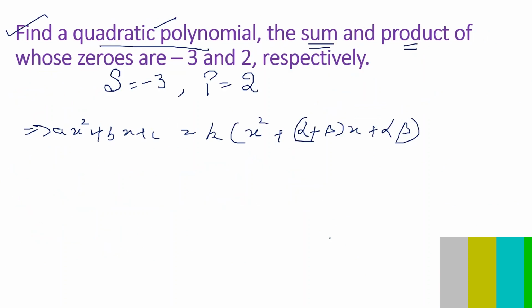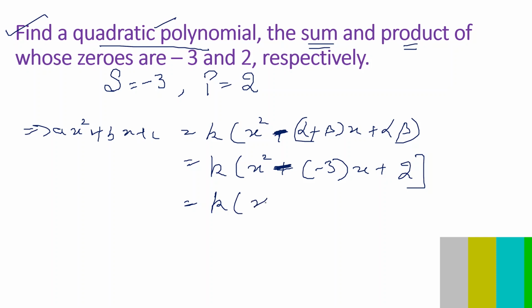Let's try to find it. We just need to put the values in this: k times x square minus the sum, which is given to us as minus 3, so it becomes plus 3x, plus the product of the roots, which is equal to 2. So there are infinitely many quadratic polynomials having sum as minus 3 and product as 2. Here is one we have written.